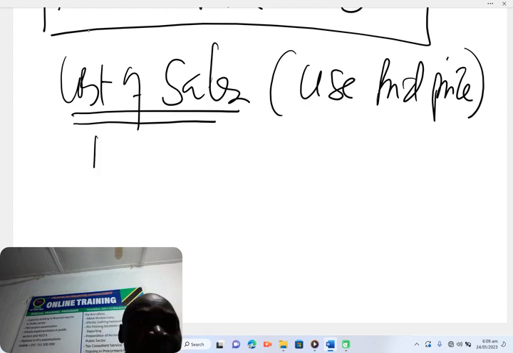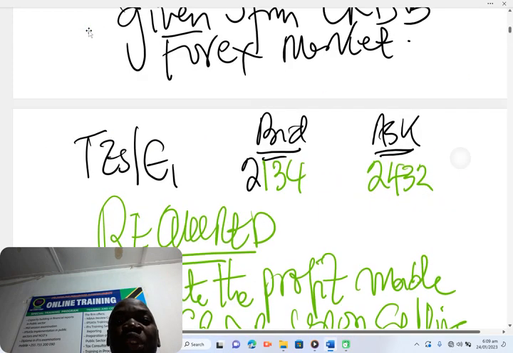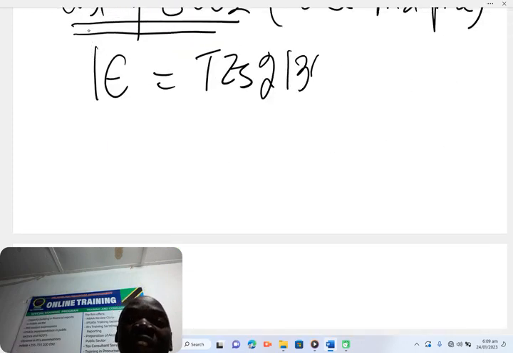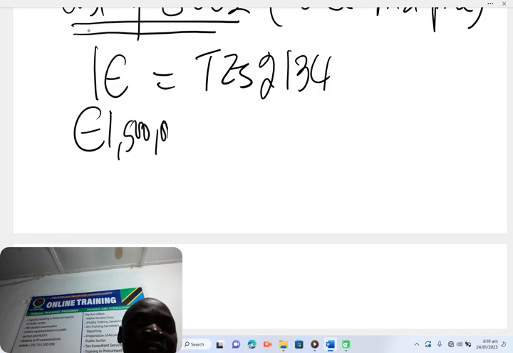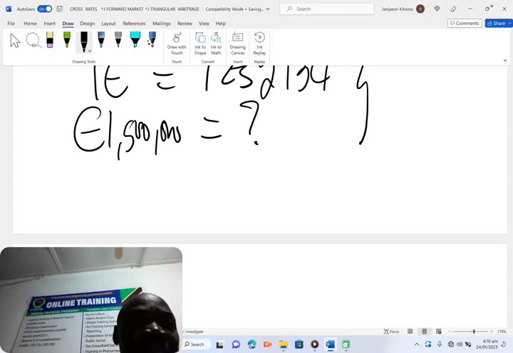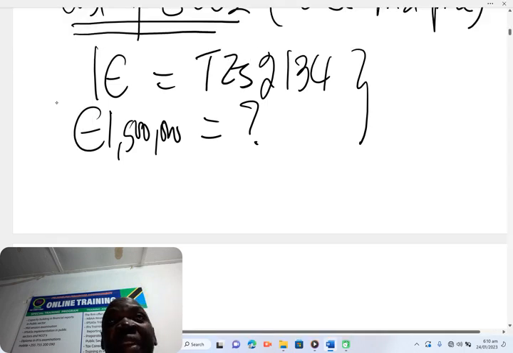So we are saying 1 euro equals how many shillings it is buying from the customer? 2134. Now this is euro 1.5 million. Compute it there. I need the cost of sales. How much? Hurry up there. 3 billion.